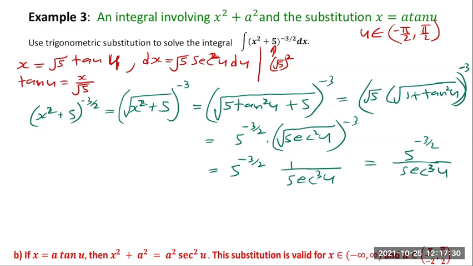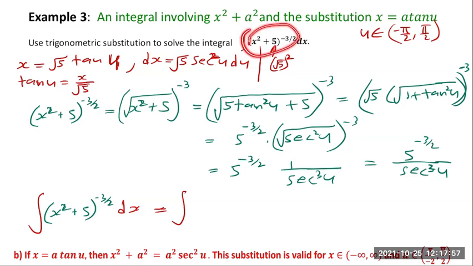Now let me go with my integral. Okay, so now if I go back to my original integral, let me write my original integral, dx is equal to, now I'm going to go with my substitution. Okay, so integration, I know my integrand.